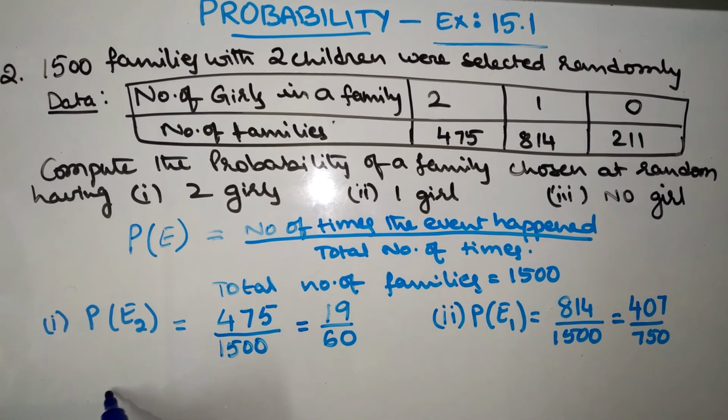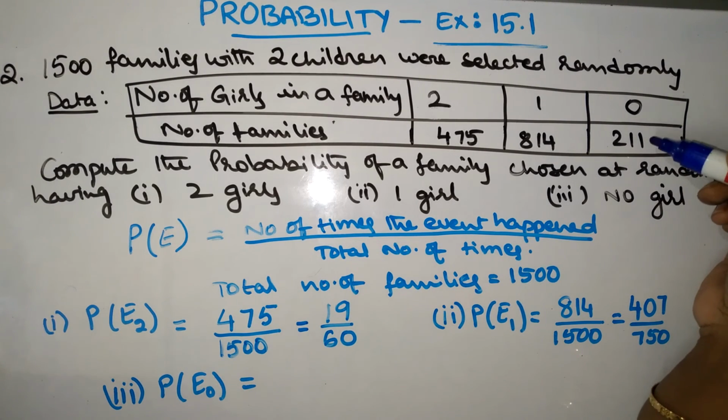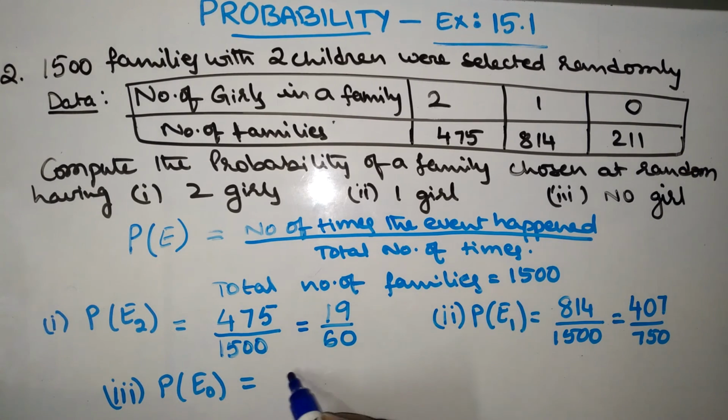Right? And the third case is the probability of having no girl. No girl means 0 girls, right? So how many families are not having any girl? 211 by the total number of families, that is 1500.